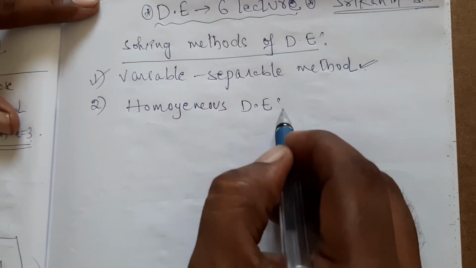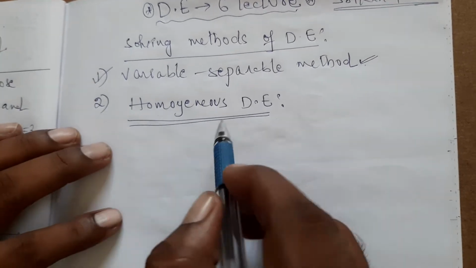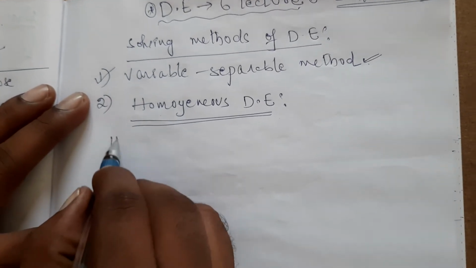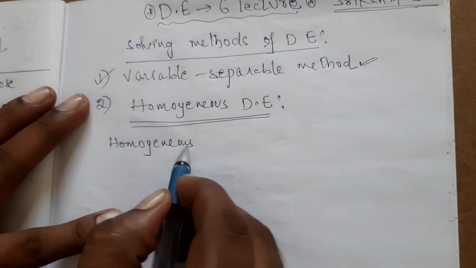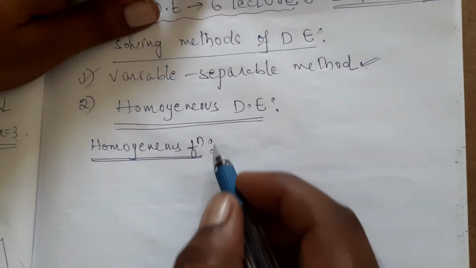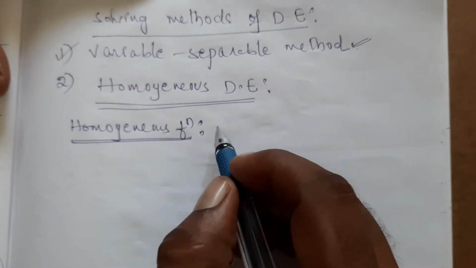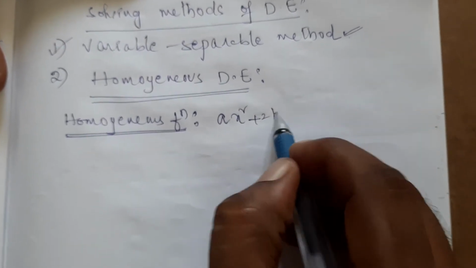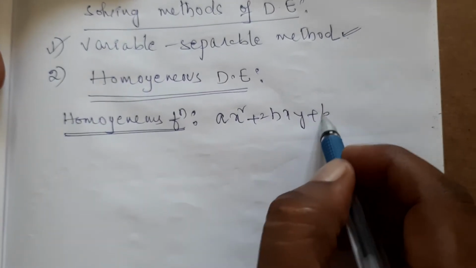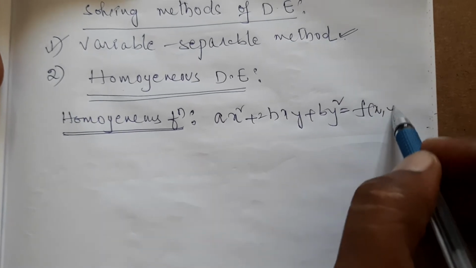Homogeneous differential equation. First of all, in order to enter into this, we have to discuss what a homogeneous function is. Homogeneous function, as we already discussed in pair of straight lines. For example, take ax square plus 2hxy plus by square, let this be some f of x comma y.